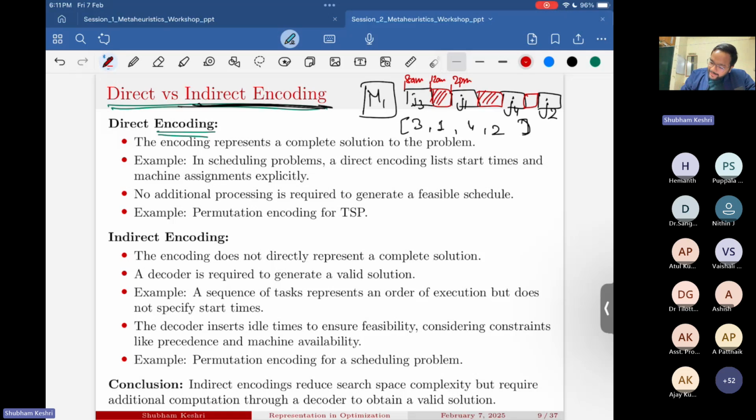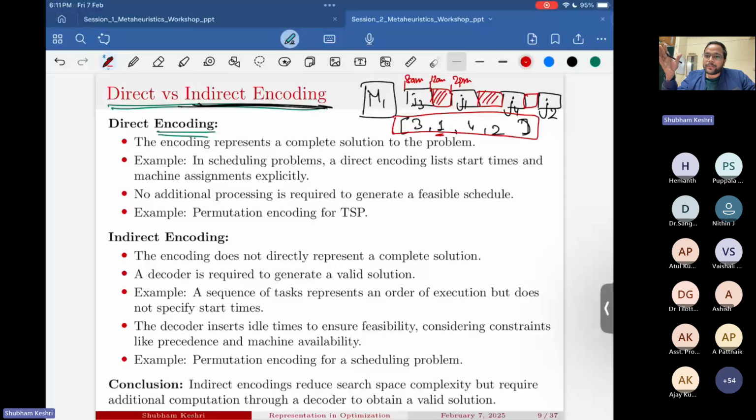Now, when you write 3, 1, 4, 2, you are losing some data. You are not able to say when job 1 starts and when job 3 ends. You're losing some data, so you need a decoder. From this representation, what is the solution? When does job 3 start and when does it end? When does job 1 start and when does it end?